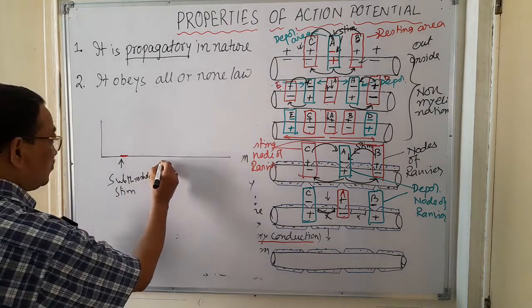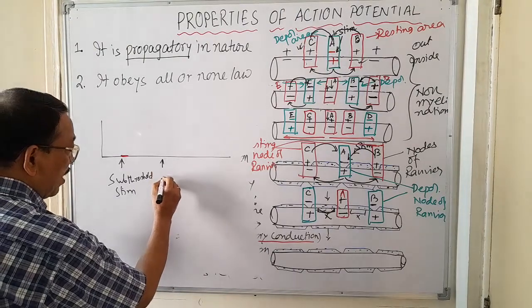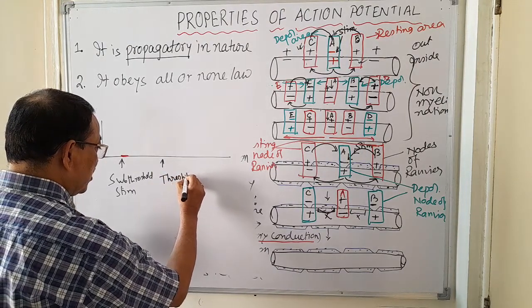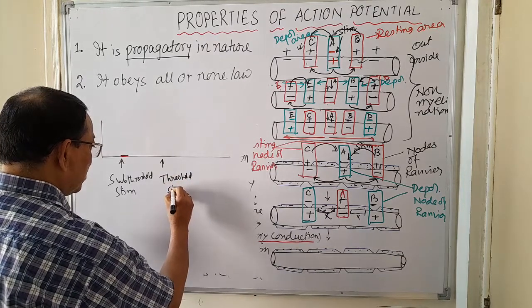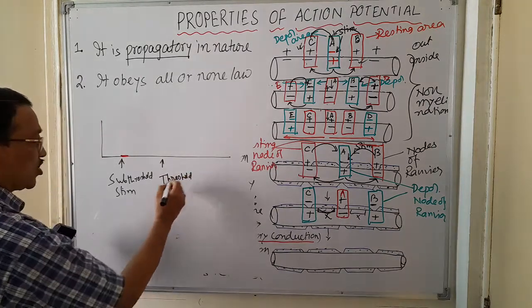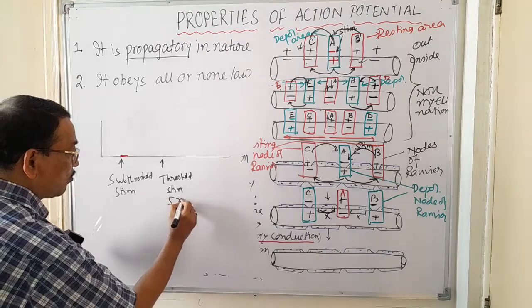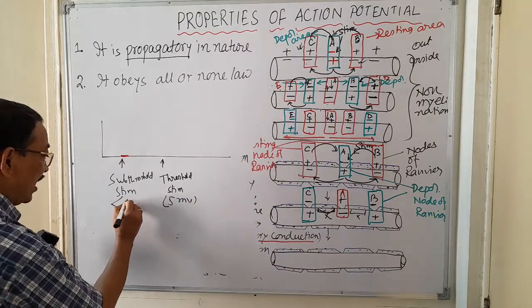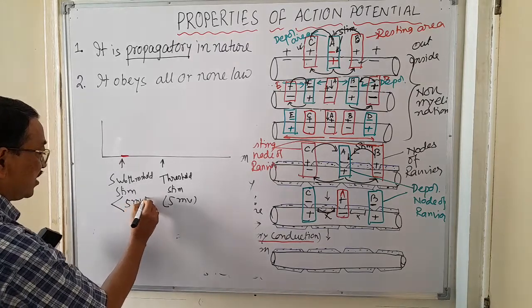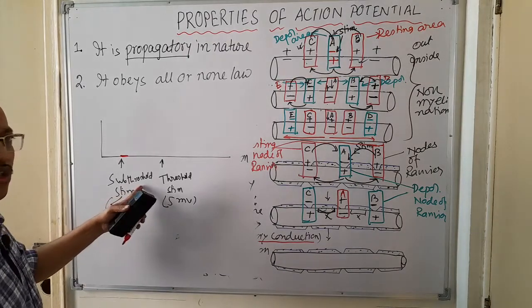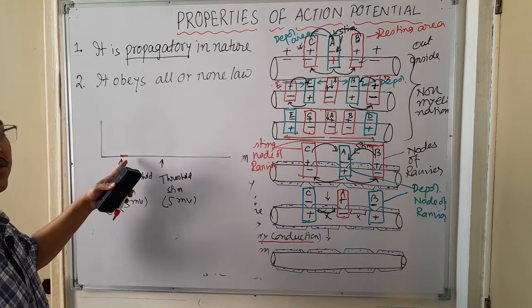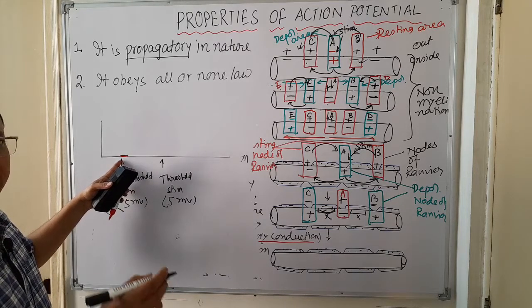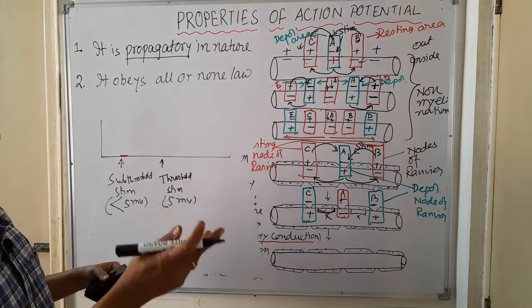Now suppose I have applied the threshold stimulus, threshold intensity. Suppose the threshold stimulus is 5 millivolt. Here I have applied less than 5 millivolt. That is the sub-threshold stimulus, which did not change any potential difference that ultimately turns into the action potential.